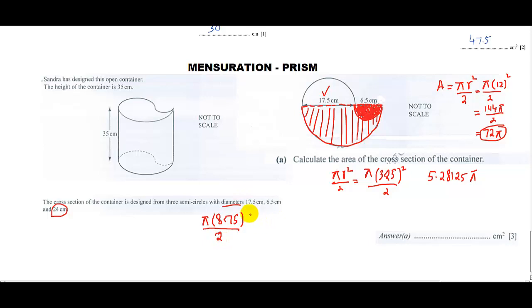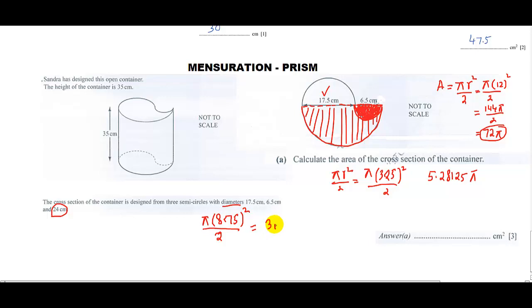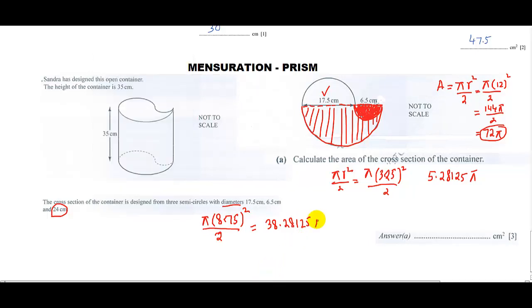So let me take the square and divided by 2. It is 38.28125 pi. I haven't put the value of pi.